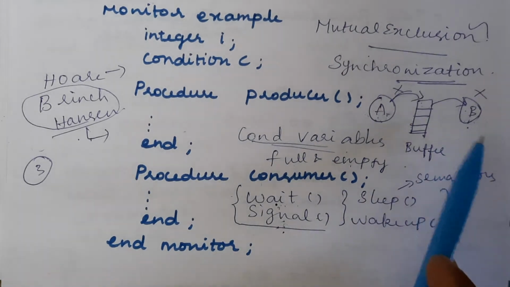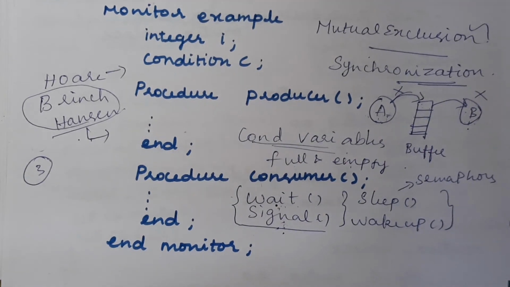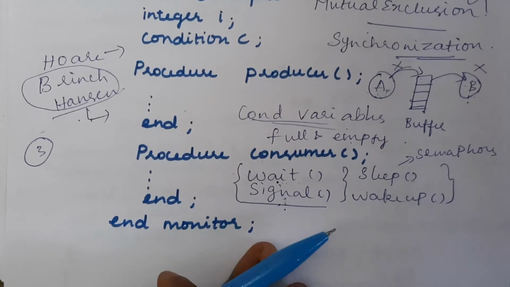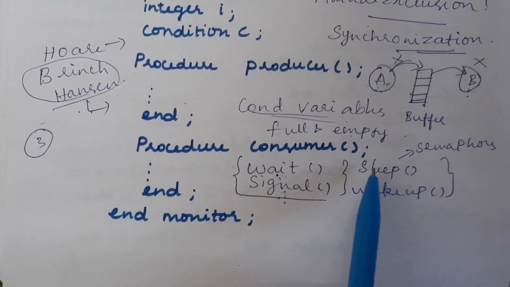Only if the consumer process exits from the monitor will this process use the monitor procedure. This is how we achieve mutual exclusion. These are the three solutions proposed here. We can go with the second solution because it is very easy to implement in the monitor concept. It will be very similar to sleep.